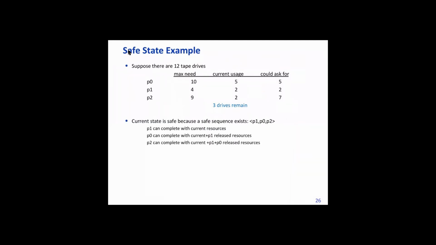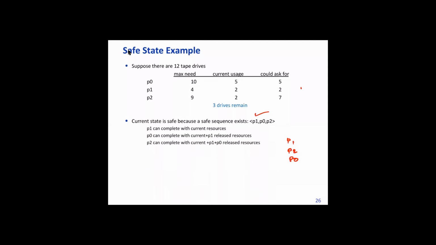Okay, all right. So the answer is, of course, P1, P0, P2. You are right. This is the correct answer. And if you do any other one, say P1, P2, P0, then what will happen? First, you give it to P1, then 3.